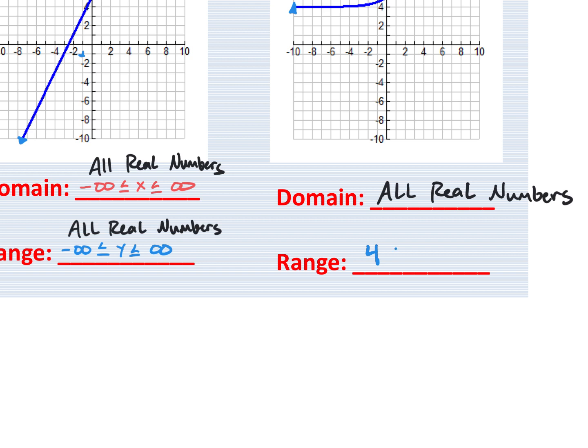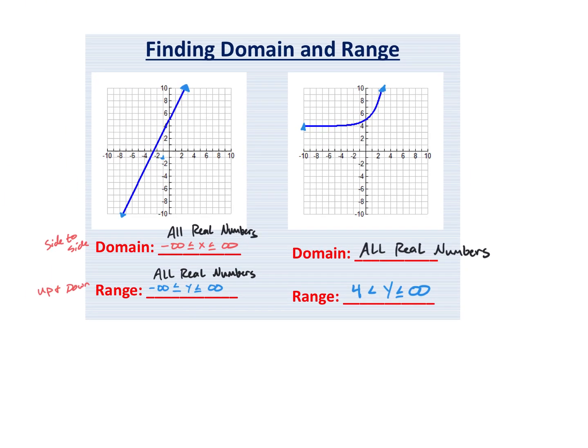And that is going to be less than y, which will have to be less than or equal to positive infinity. How you get all of that? This starts to flatten out at 4. And even though it looks like it touches 4, because it gets horizontal, it'll never get to 4. That's why it's not equal to 4. But over here, it continues up and goes on forever. So that's why it goes to positive infinity.